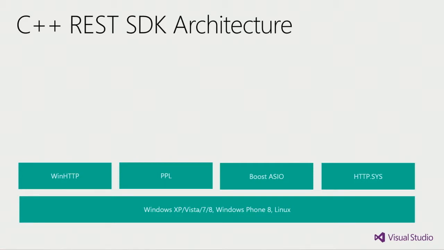PPL, which Dion touched on in his talk earlier, is our programming model for composing asynchronous operations in general in C++ on Windows, but we're leveraging it fully in Casablanca. Boost ASIO is what we're using on Linux for communication. And HTTP.sys is the Windows server-side stack for HTTP.